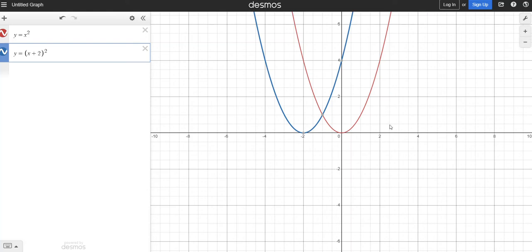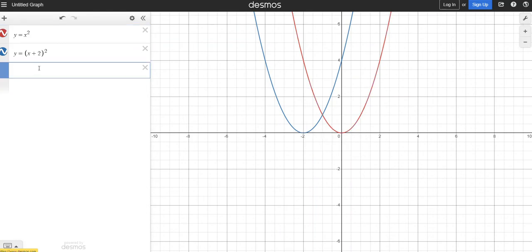Look specifically at the vertex. Does it look like it's just been pushed over by 2 units? The shape looks exactly the same, right? I haven't changed the shape of the parabola or even the size of it, really. All I've done is push it to the left so that the new vertex is -2, 0.